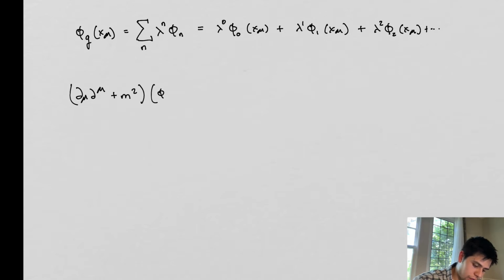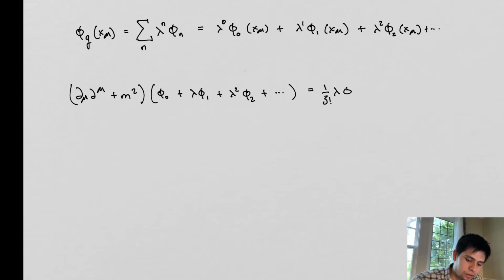We have phi 0, because anything to the 0th power is 1, plus lambda phi 1 plus lambda squared phi 2, and so forth. Well, this is equal to 1 over 3 factorial times our potential, right?